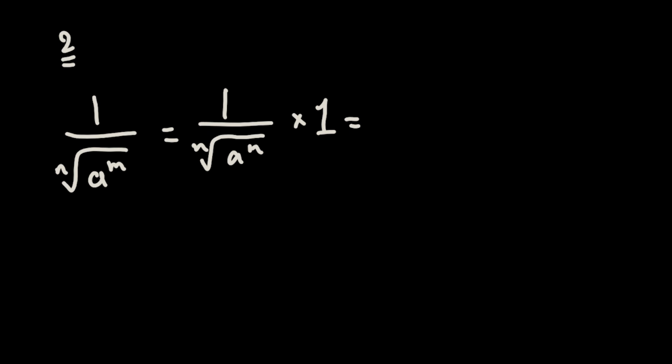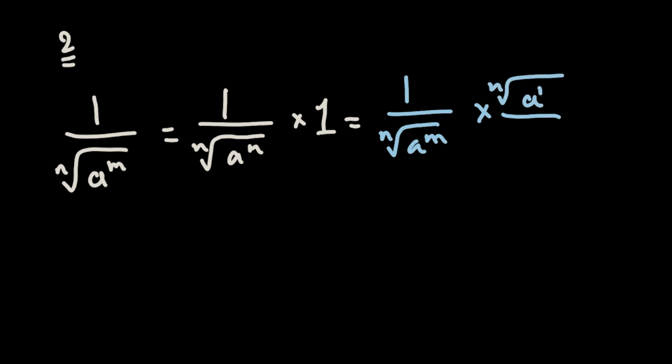And then we'll just change the 1 into another form. So here we will multiply by the nth root of a to the power n minus m over the nth root of a to the power n minus m.